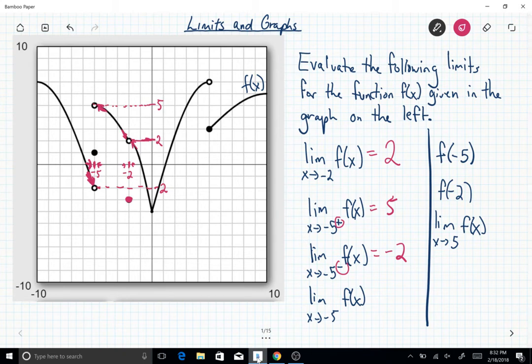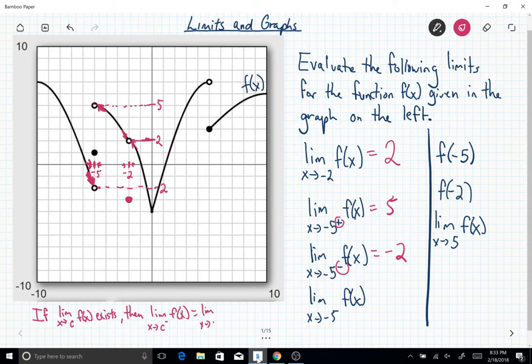Okay, so we have a left-hand limit and we have a right-hand limit. And so what we have is a theorem: if the limit as x approaches some c of f of x exists, then you need the left-hand limit, the limit as x approaches c from the left of f of x, to equal the right-hand limit, and they equal some number, which we'll call L, right?